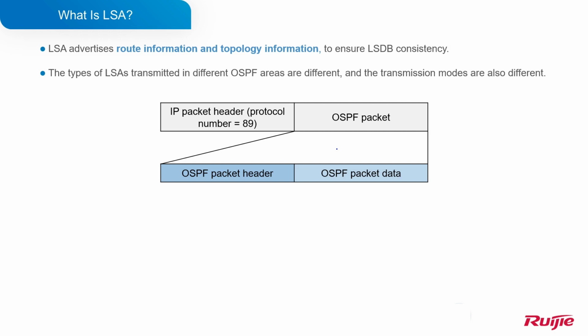We have introduced the OSPF packet header already. It includes the version, the packet type, which has values 1, 2, 3, 4, 5, and then the area ID, router ID, checksum, and so on.